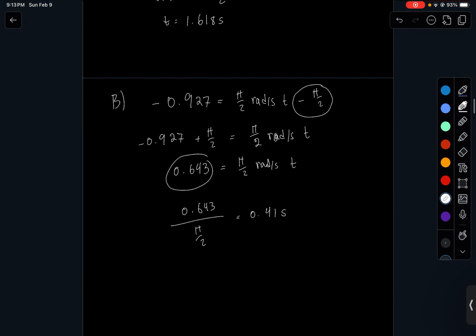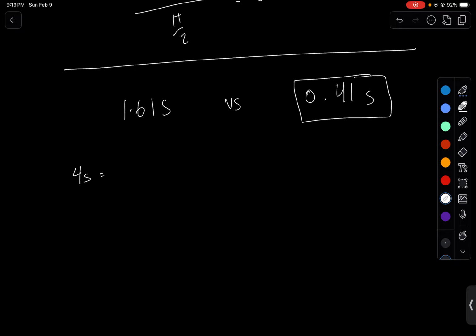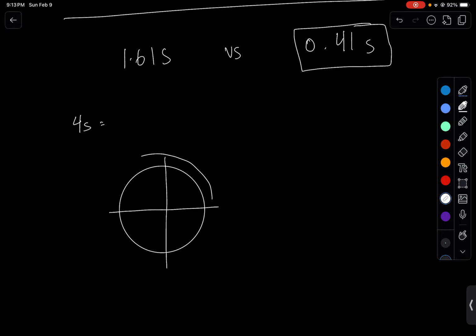So one of the possibilities was 1.61 seconds and the other possibility is 0.41 seconds. Since the period is 4 seconds, this value is more likely to be the answer. Imagine the total amount of time to make a full rotation is 4 seconds, and we moved from here to a certain position here.